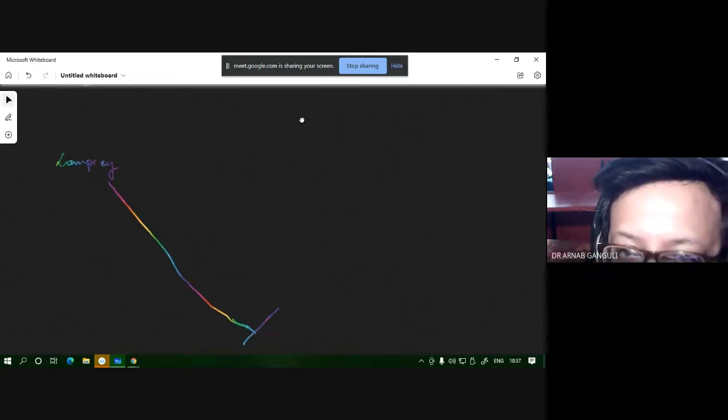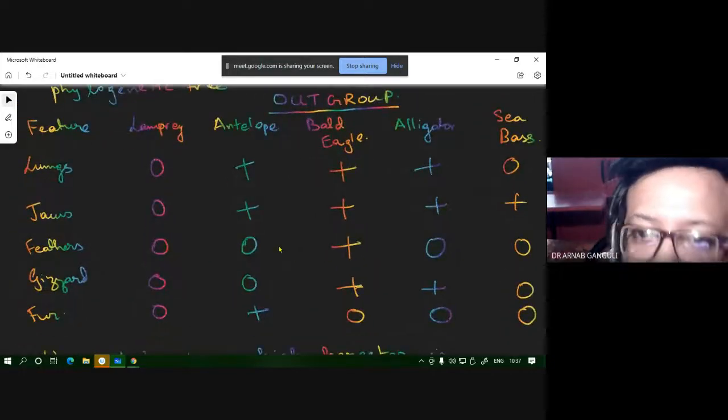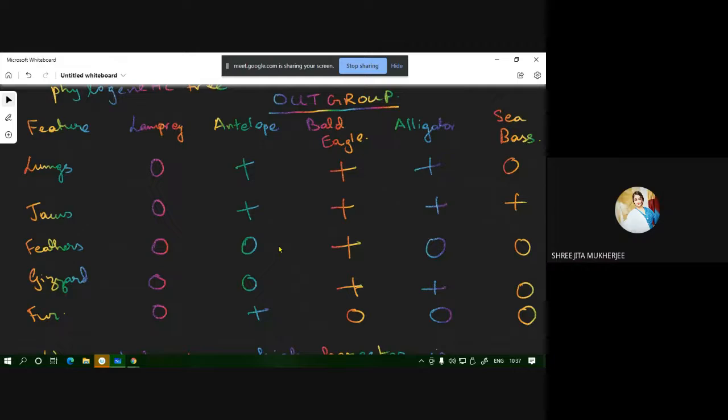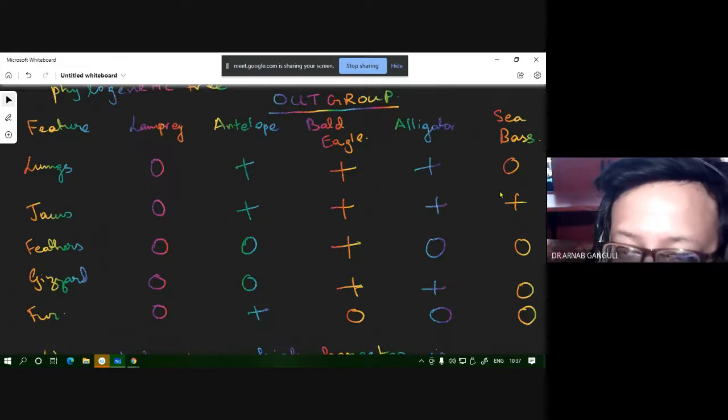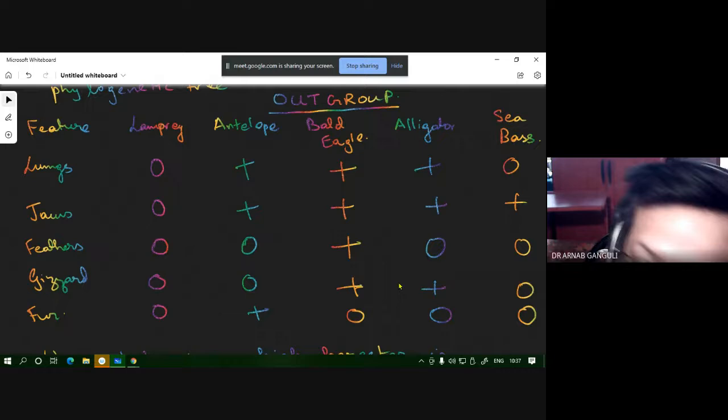Now you are trying to find out which organism got a plus in one subject. Sea bass got a plus. So what is the difference between lamprey and sea bass? Jaws. So jaw is an ancestral characteristic.